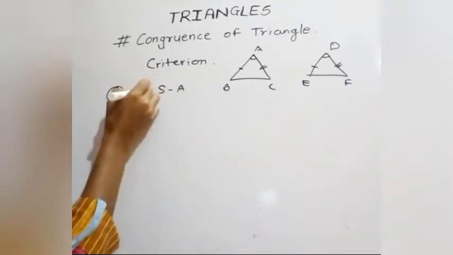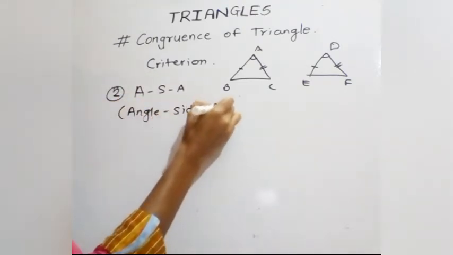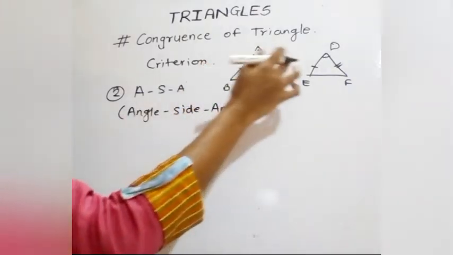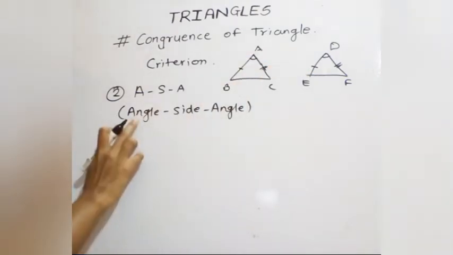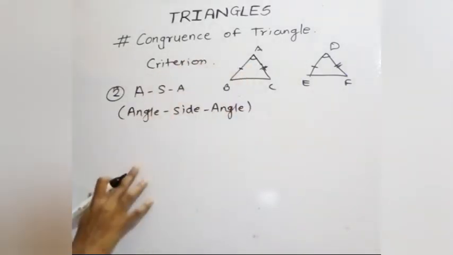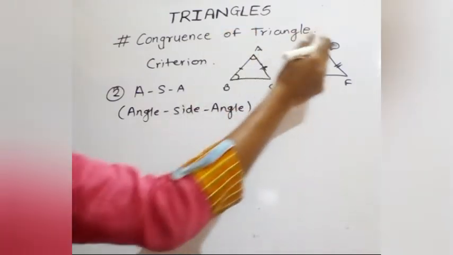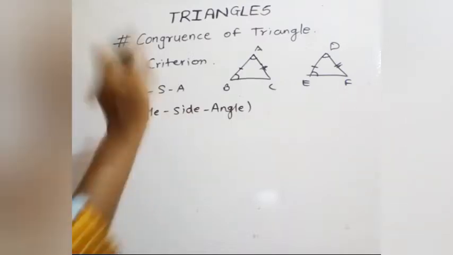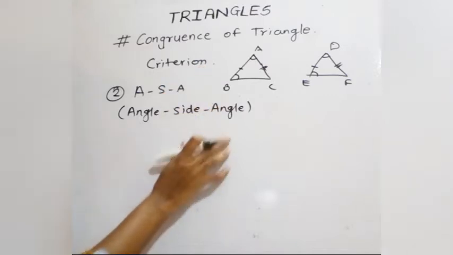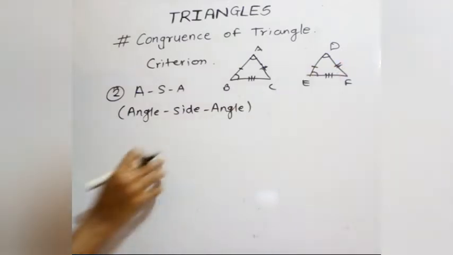Second criteria for congruence of triangle is ASA. ASA stands for angle, side, angle. And this criteria says if two angles and one side are equal of the given triangle, then these triangles are congruent. Let's say two angles, angle A and angle B, are congruent to angle D and angle E, and one side AB and DE, whatever side is given from the three sides, then we can say these triangles are congruent.